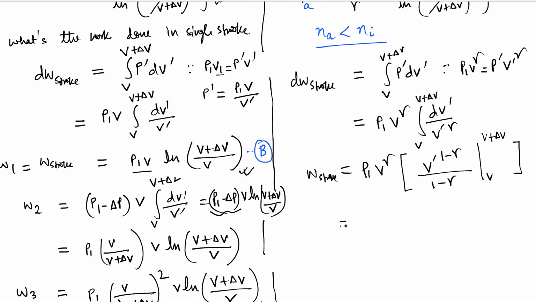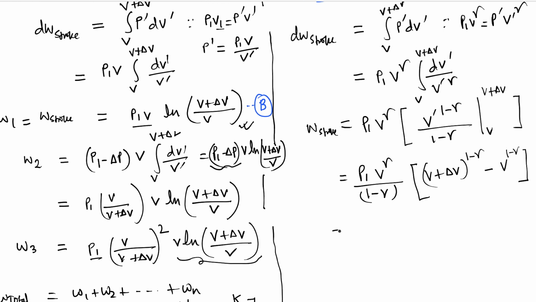Okay, so we'll take this outside, 1 - gamma, and this will be (V + delta V)^(1-gamma) - V^(1-gamma). We just switch the sign from 1 - gamma to gamma - 1 so that it is positive, and then we'll switch the sign here also.